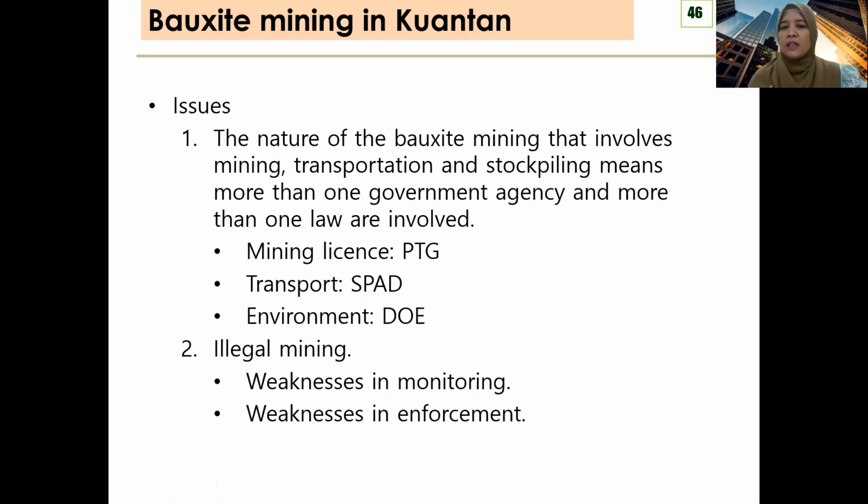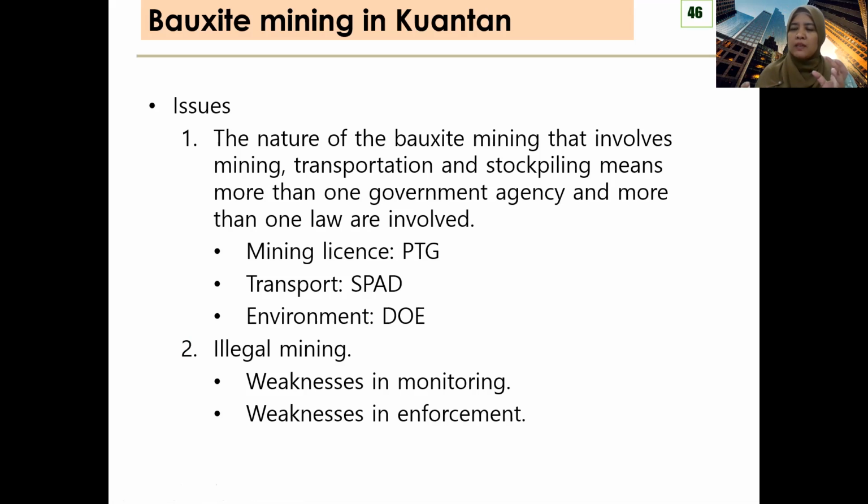So in this case, the mining licenses were issued by the PTG, and nothing to do with the DOE. But the environmental control is under the Department of Environment. You can see there the various conflicts. Kita panggil konflik ataupun kita also can call this power play.